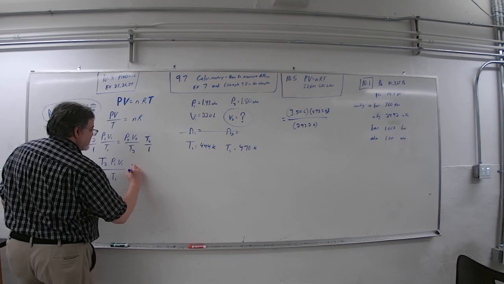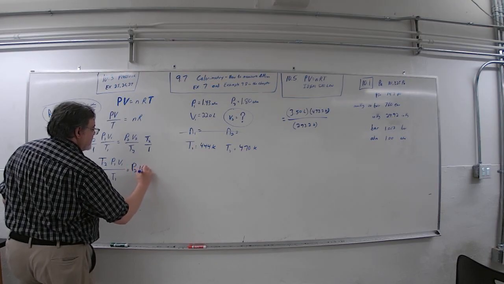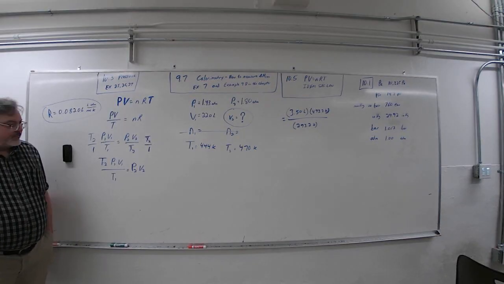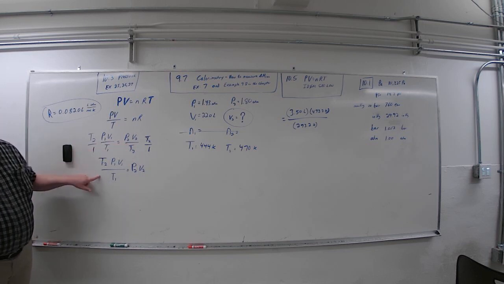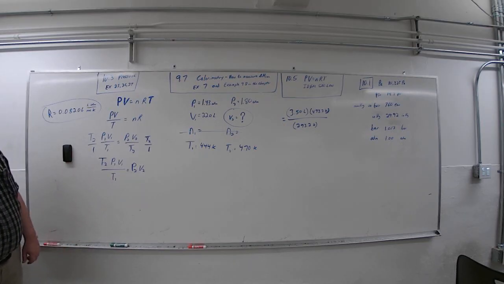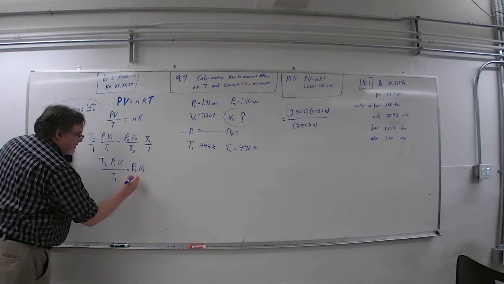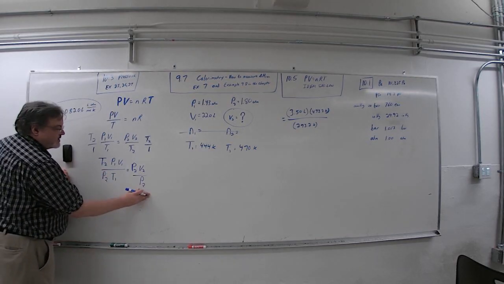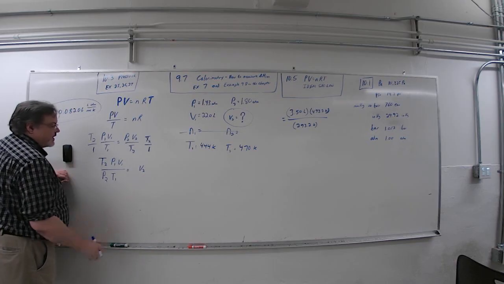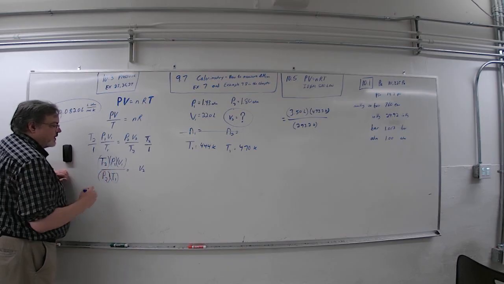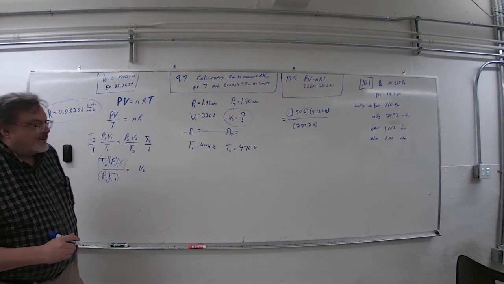And over here, what I have left is P2 and V2. You with me? After I multiply both sides by T2, this is what I've got. You with me? So you would divide by P2. Yep, now I divide by P2. P2 cancels. And now I can plug and chug. I've got all 5 of these variables. I just solve for V2. That makes sense?